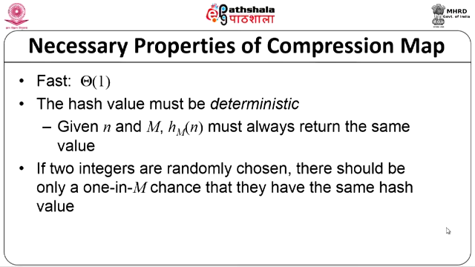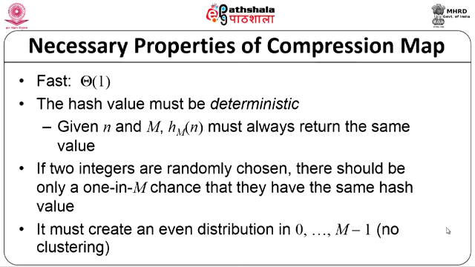Here we are saying m, what is m? M is the size of the hash table. So, there must be only a 1 in m chance that randomly chosen integers will map to the same value. So, the properties are similar, and it must create an even distribution over 0 to m minus 1. There should be no clustering, that is the integers should not be clustered near each other, they should be evenly distributed.